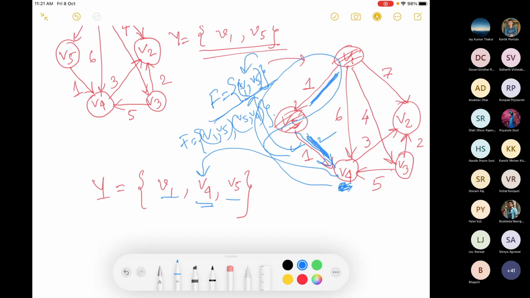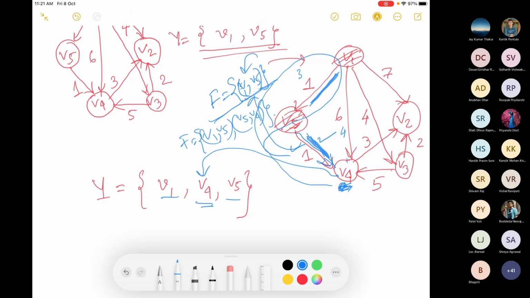No, sir, V1 to V5 is 3 and V1 to V4 is 4. Then we will have arbitration conditions, or lesser shortest path conditions. Please wait. We will see what will happen. So every time here you are computing the shortest path.